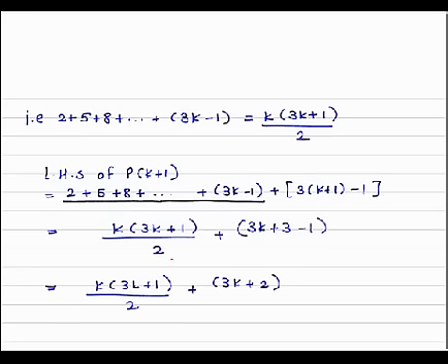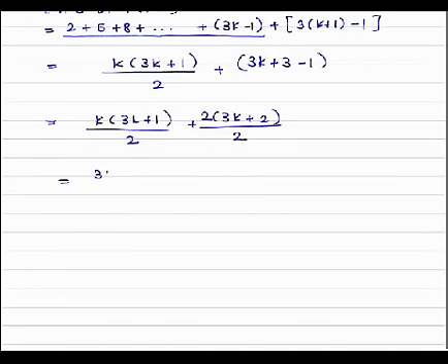Now we make the denominator the same. We multiply numerator and denominator by 2. So what are we getting? By multiplying k inside, we get 3k squared plus k plus 6k plus 4 upon 2.